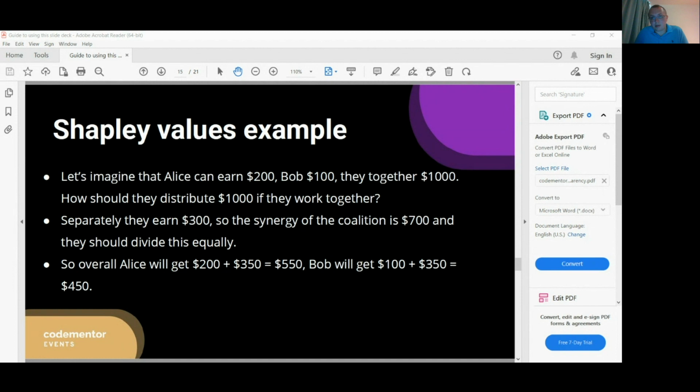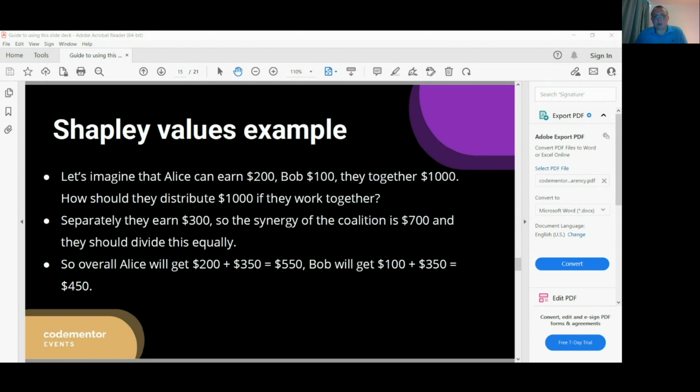In this Shapley approach, we need to split this between them equally, because the synergy belongs to both of them. If Bob refused to work with Alice, Alice would also lose the synergy. So we cut the synergy equally between them, or if it were a synergy for three of them, we would divide it into three parts.